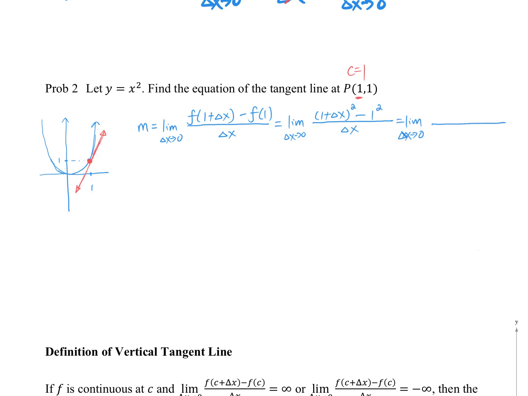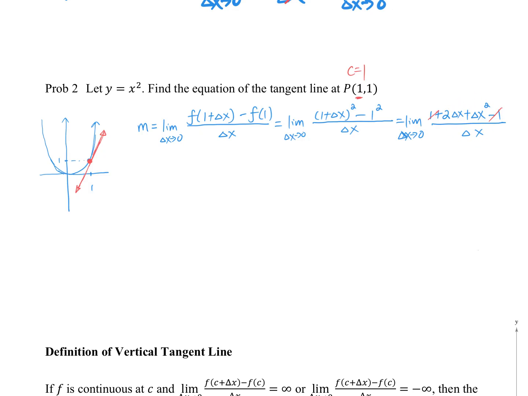The top is a square of a binomial, which is 1 squared plus twice the product, which is 2 delta x, plus the square of the second term, which is delta x squared, minus 1. The bottom is delta x. And 1 and 1 cancel. And then let's simplify the rest.